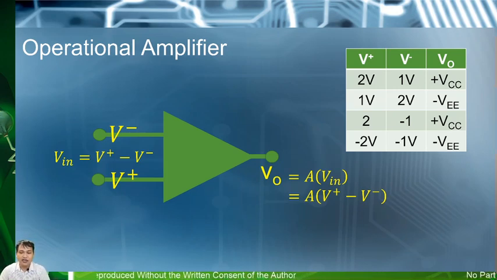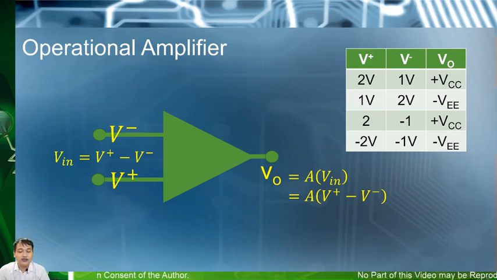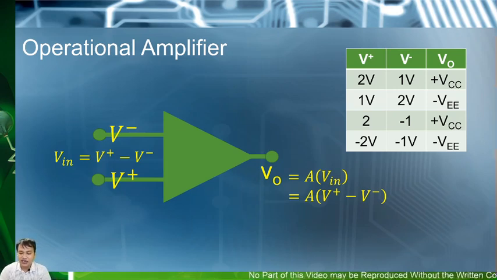If we apply a positive 2 volts to the non-inverting terminal and negative 1 volt to the inverting terminal, 2 minus negative 1 equals positive 3, times the gain of the op-amp, the output would be positive VCC.